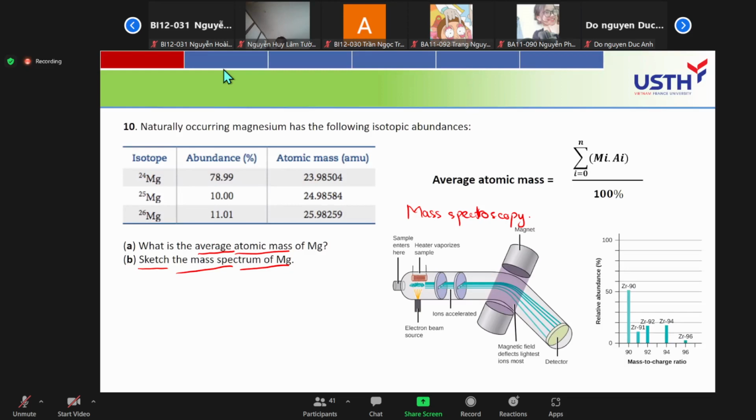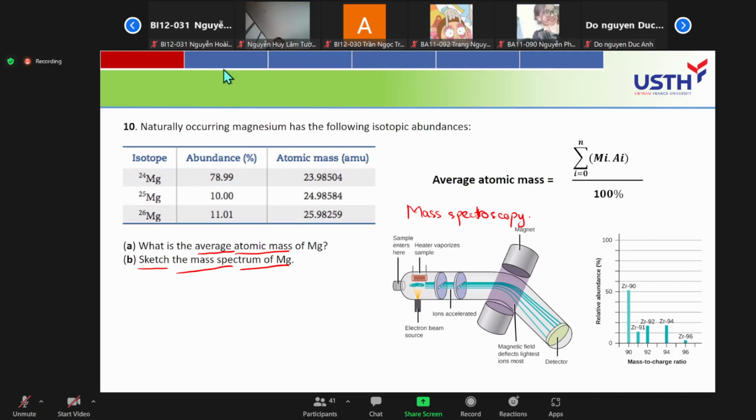But the mass spectrum of Mg will be exactly the same thing you see on the mass spectrum of any other kind of molecule.